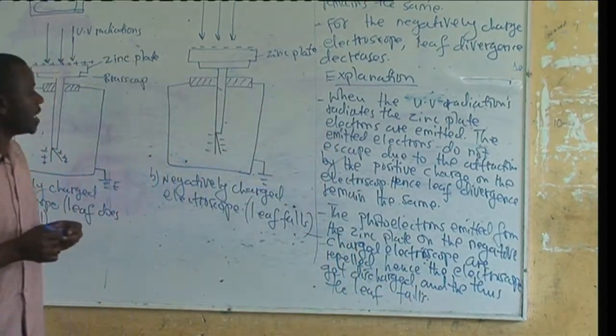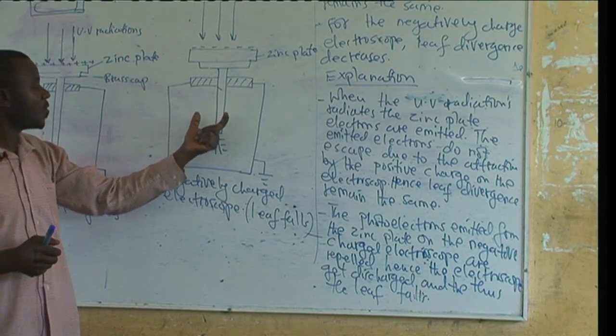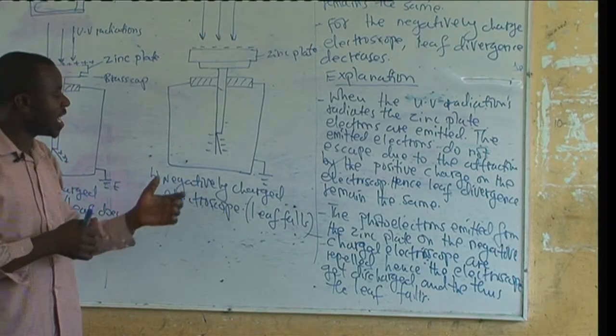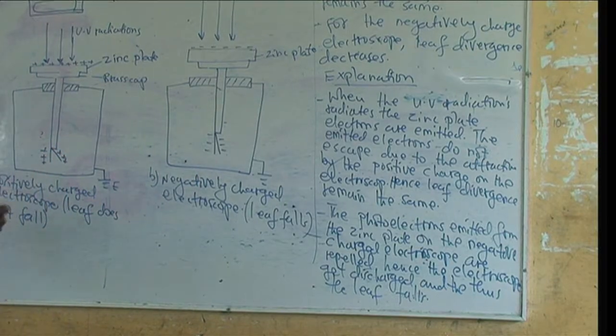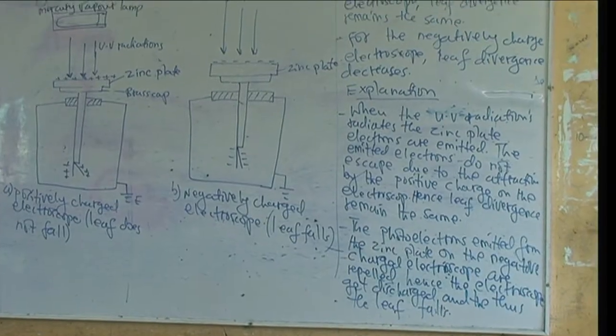So the electrons emitted here are going to be repelled away, and therefore the electroscope will get discharged. The charges here will decrease, and therefore the leaf is going to fall. That is what causes the decrease in leaf divergence on the negatively charged electroscope.